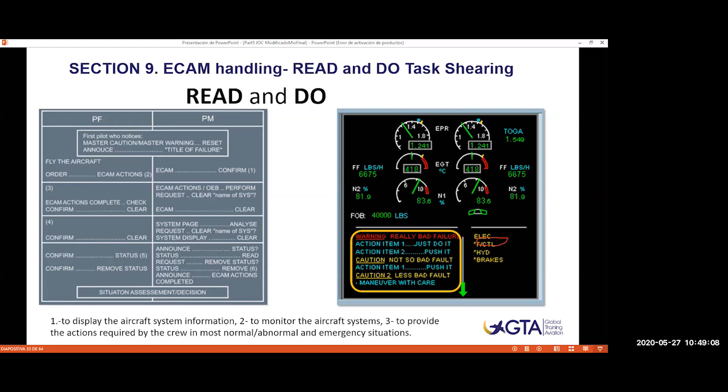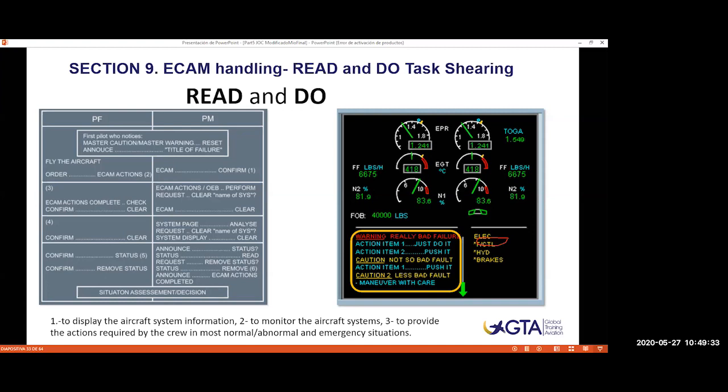Who is the person who does it? The pilot monitoring. But only when the pilot flying, whose priority is to fly and navigate, is sure that he can do it alone, does the pilot flying say, ECAM action.